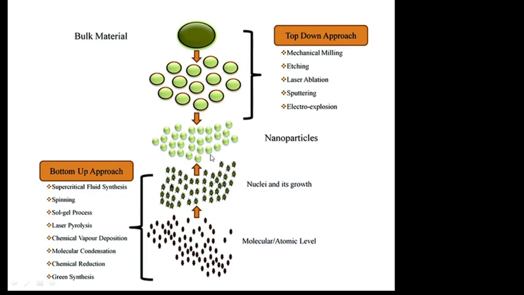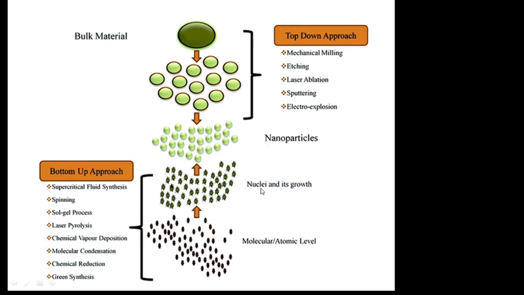The other approach to achieve this nanoparticle is, as named, given according to the mechanism: larger to smaller is top down, and then bottom up. Bottom up methodology means you start with the molecular or atomic level, and you arrange them in groups, assembling them molecule-wise or colony-wise, and you make a molecule.